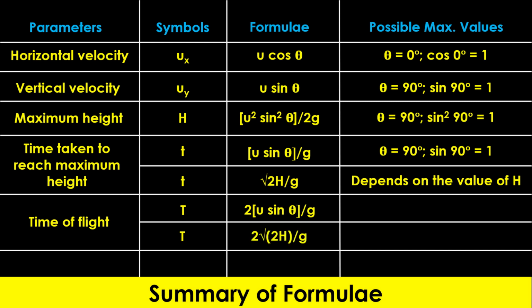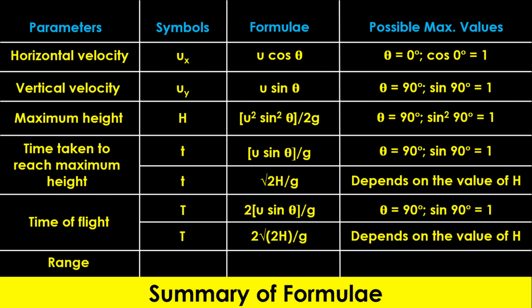Its maximum value is also obtained when the value of theta is 90 degrees. Finally, the range R is calculated as u squared sine 2 theta over g. The maximum range can only be attained when the projectile is launched into the air at an angle of 45 degrees, because at that value sine 2 theta equals sine 90 degrees, which equals 1.